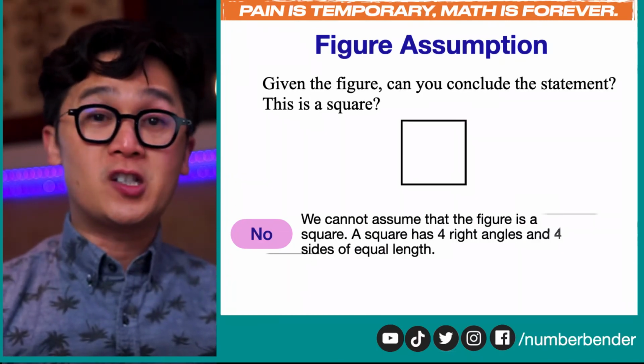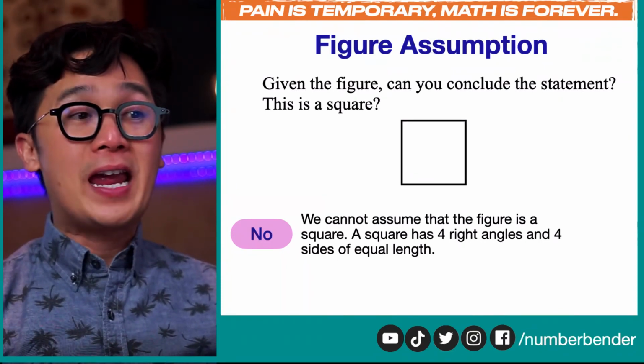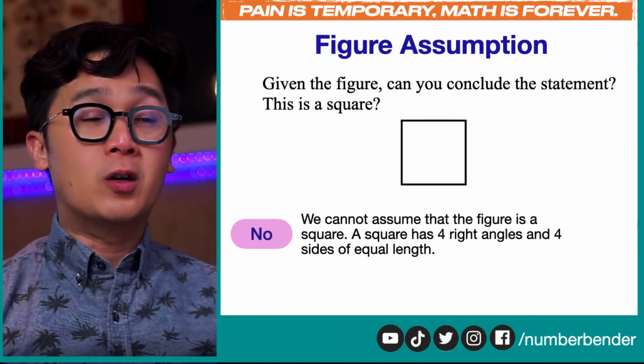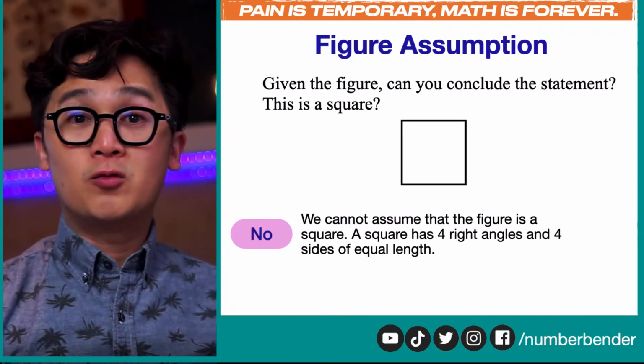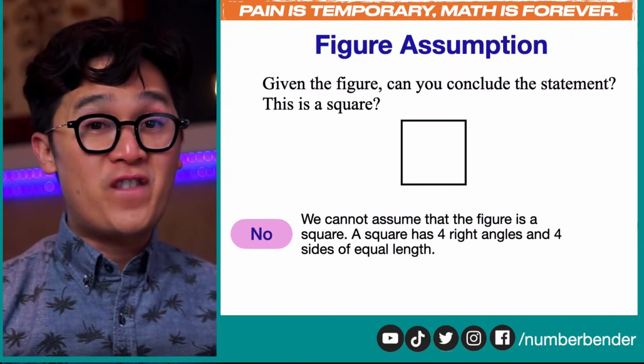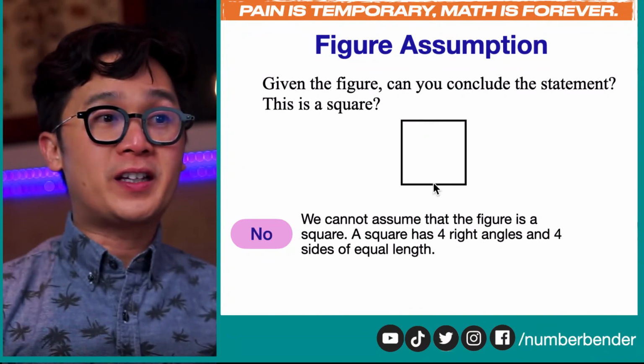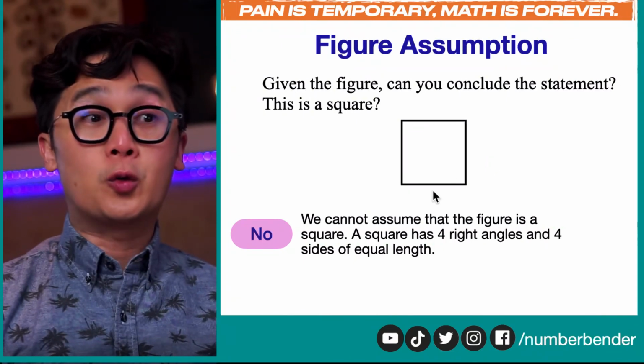And what is the definition of a square in geometry? A square has four right angles and four sides of equal lengths. Right now, we're just seeing a four-sided figure, but we cannot say if it has right angles or if these sides are congruent.